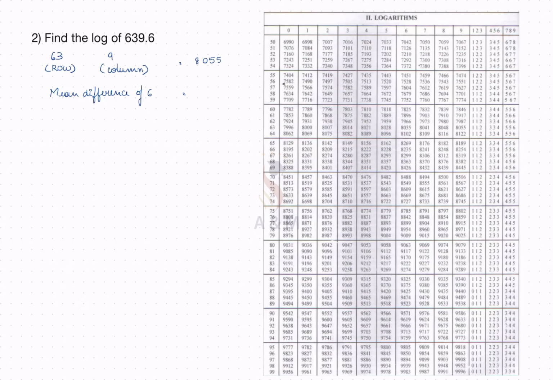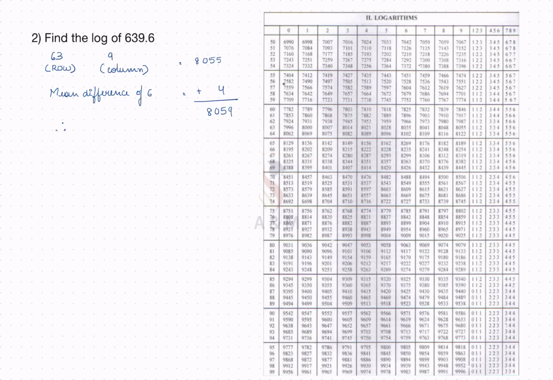Here 63 is the row, and mean difference 6 is the column. So it is 663 plus 4. It is 8059.